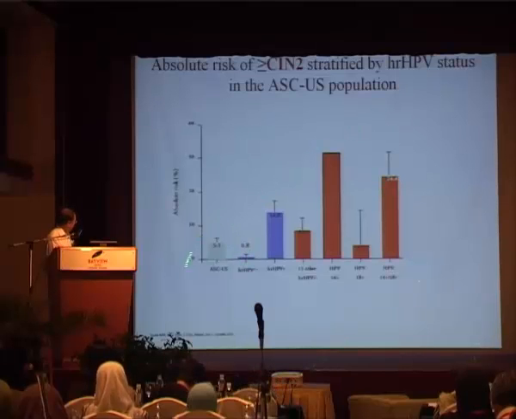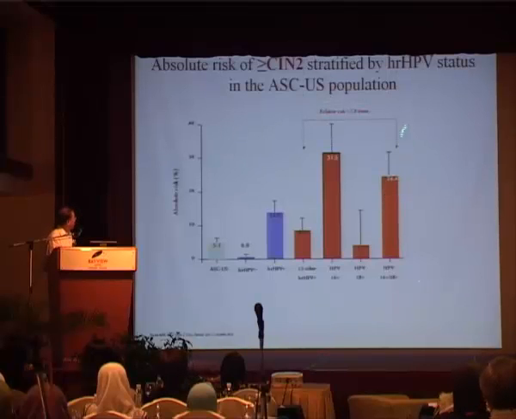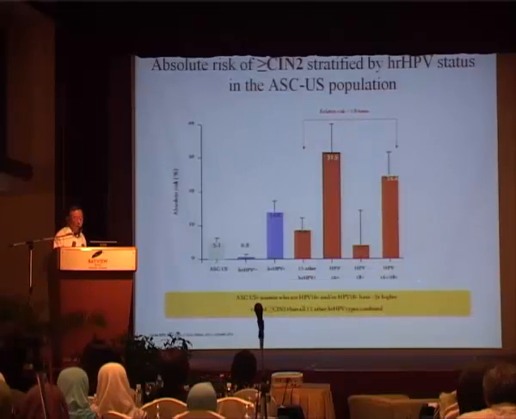Looking at it another way, this is the pool data showing that high risk HPV positive is a predictor compared to the high risk negative women. But if you look at HPV 16, 18, look at the 12 other subtypes of HPV high risk, and compare with 16 and 18 alone, you can see that 16 and 18 highlight the group of women at almost 3 times higher risk of having a CIN2 plus lesion.